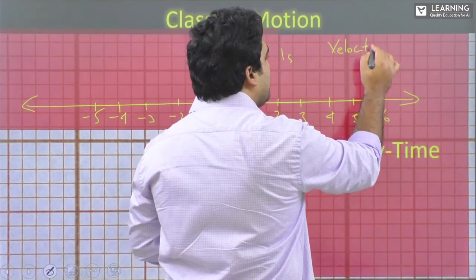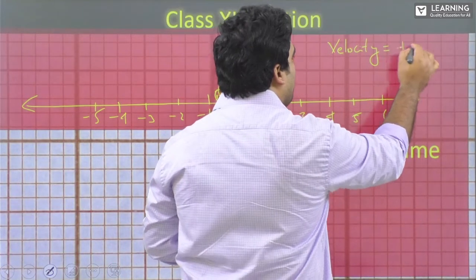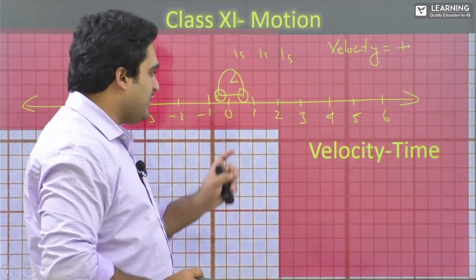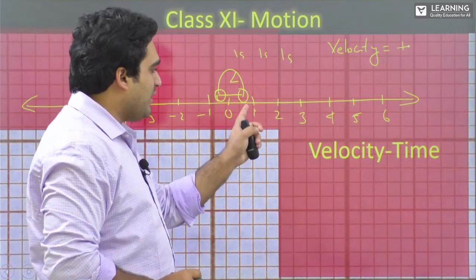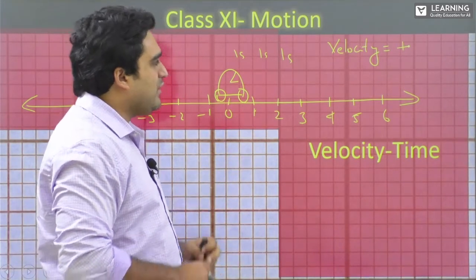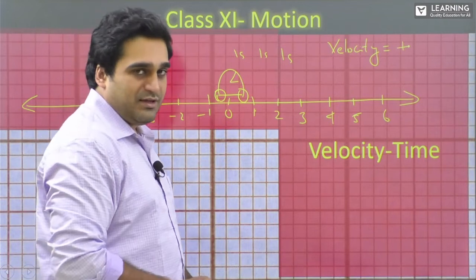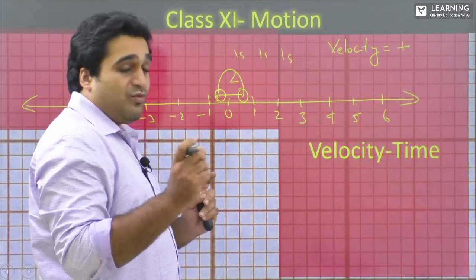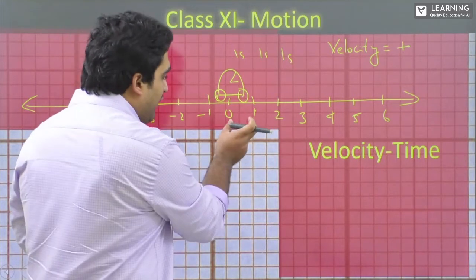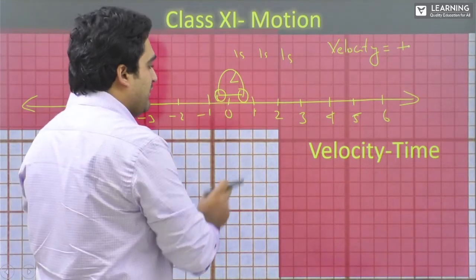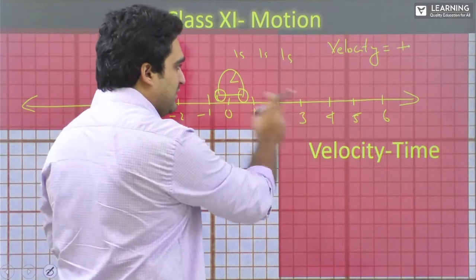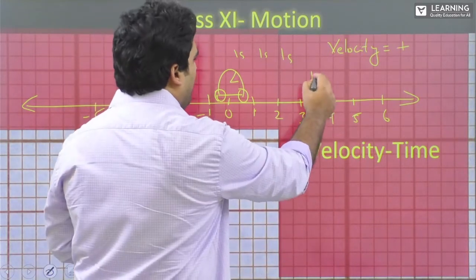So, in this case, let me just write velocity because we know the direction. So, velocity is equal to plus, can you guess how much? Go ahead, try to calculate from 0 to 1, 1 to 2, 2 to 3, what would be its velocity? You can find its average velocity, but I don't want the average velocity. I want the velocity at this particular distance, velocity at this distance, and so on for every 1 second.